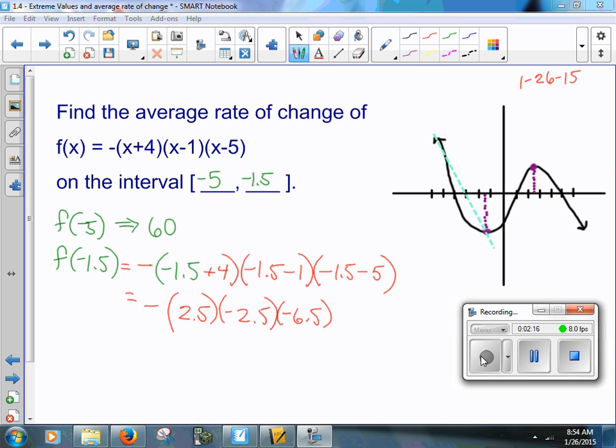No, 6.5 times something. It's 6.25 or 62.5, because that's 25 times 25 with decimals. 25 times 25 is 625, right? Okay, just moving the decimals around. It was going to be some variation of those 3 numbers.